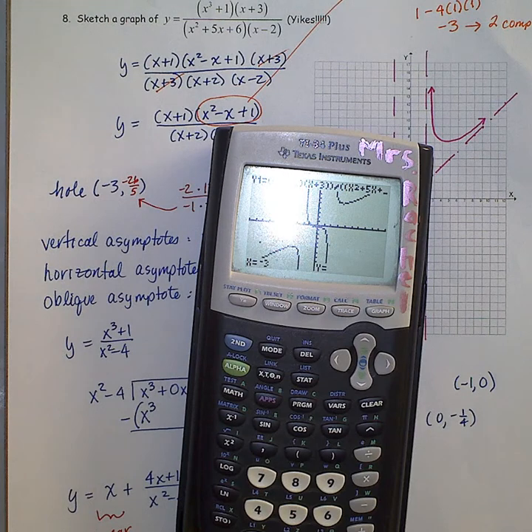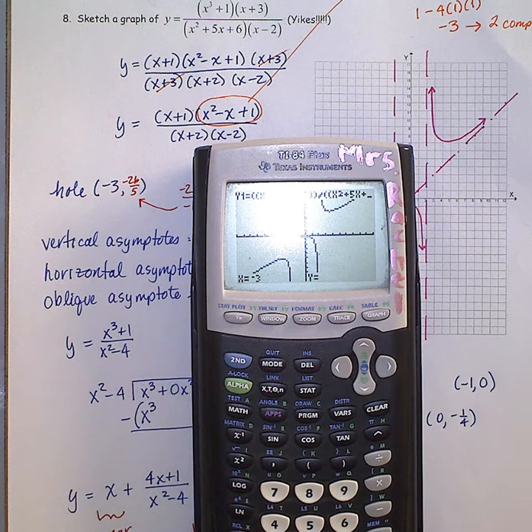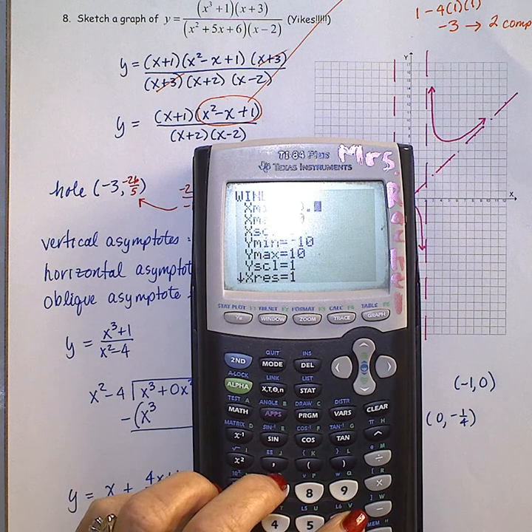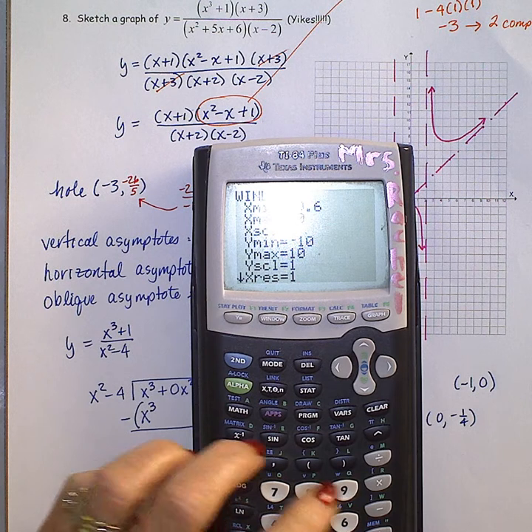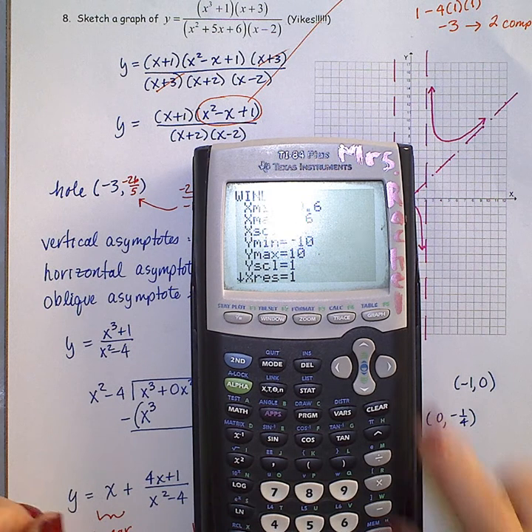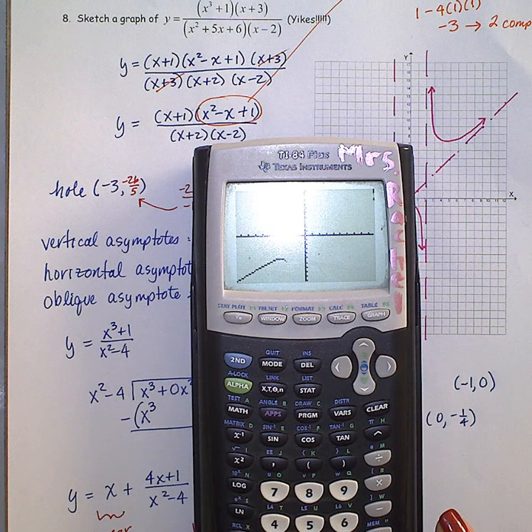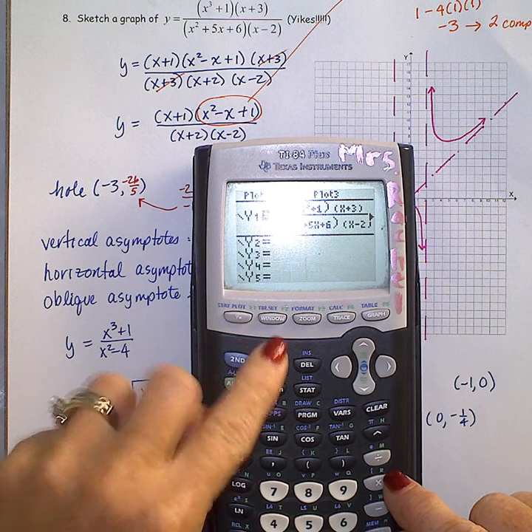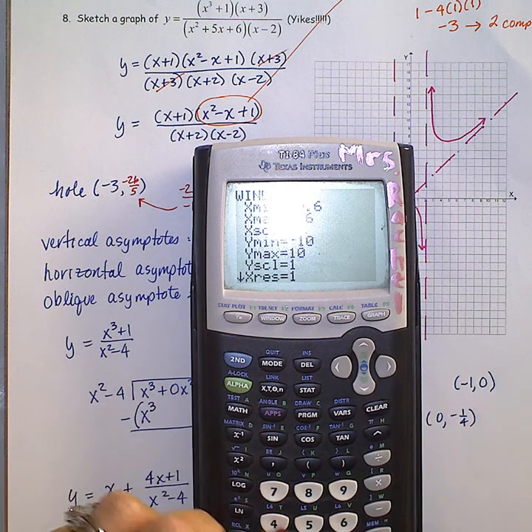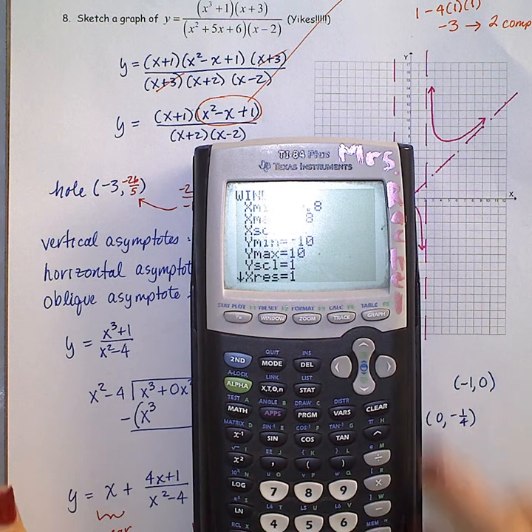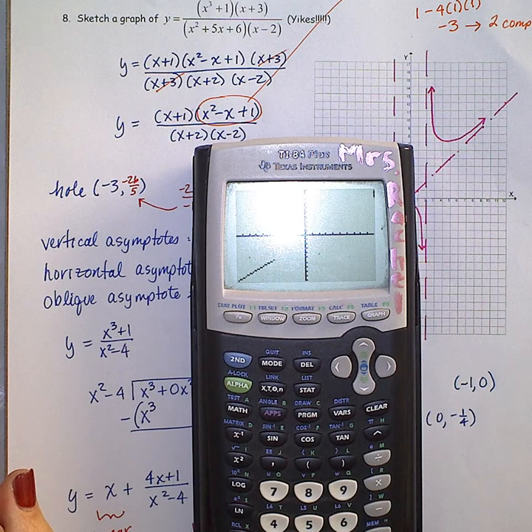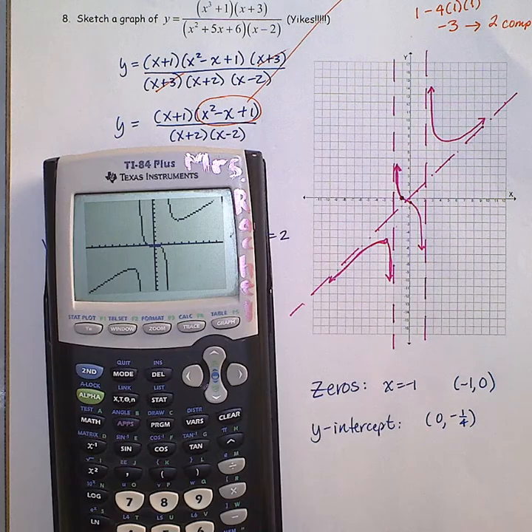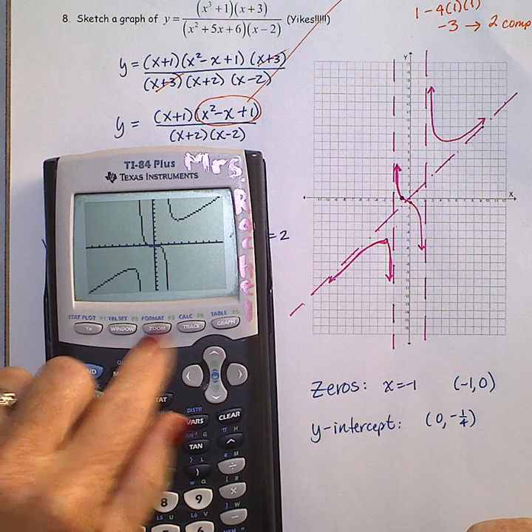Okay, let me show you something else. If you have the 84 plus, not the color, change your window to negative 9.6 to 9.6. Wait, let me see. Oh, it's negative 9.8, I think. It's either 9.6 or 9.8, and I can't remember which one it is. But I'm looking for something to occur. Trace.